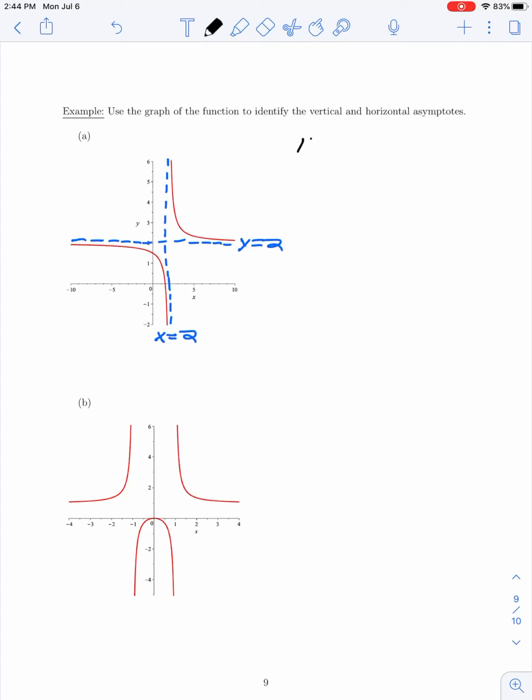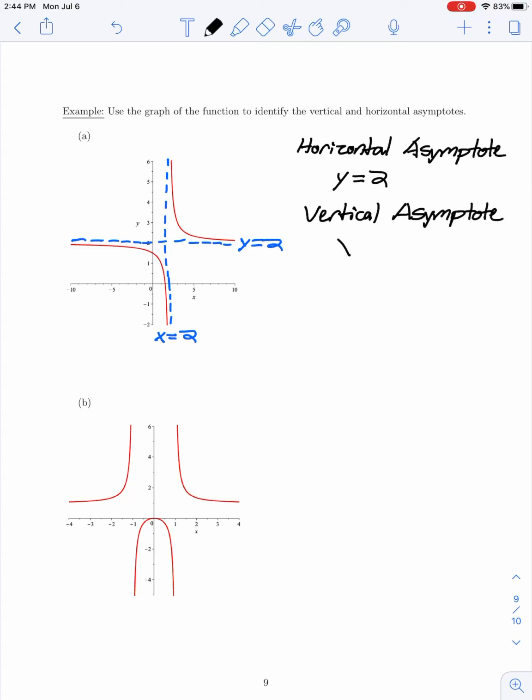So for this function, we would say our horizontal asymptote would be the line y equals 2, and the vertical asymptote is the line x equals 2.